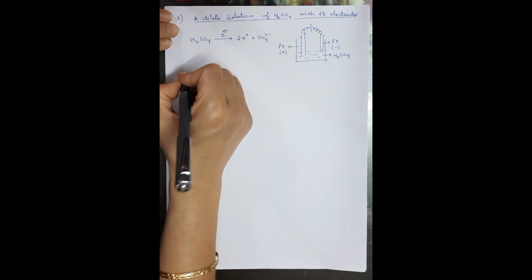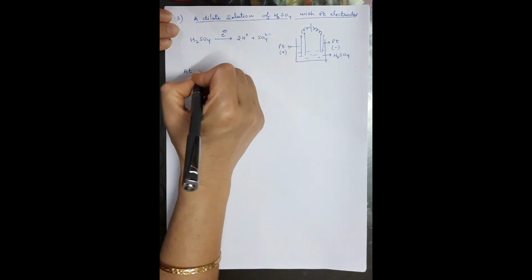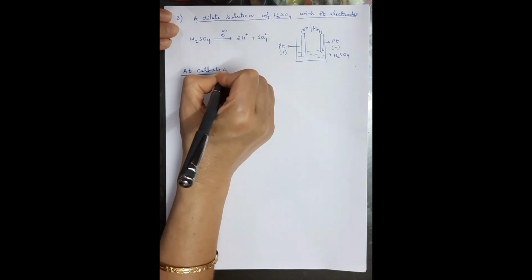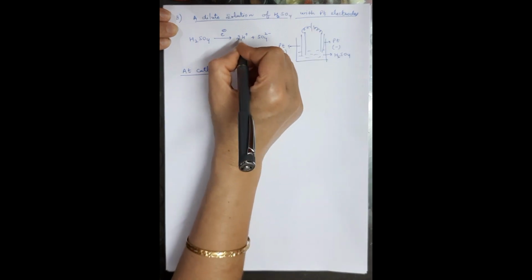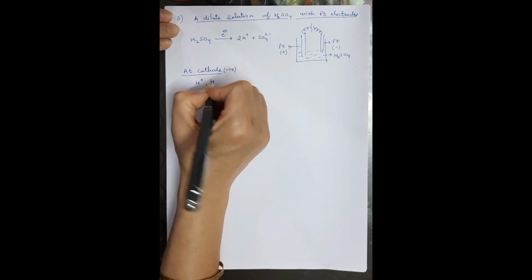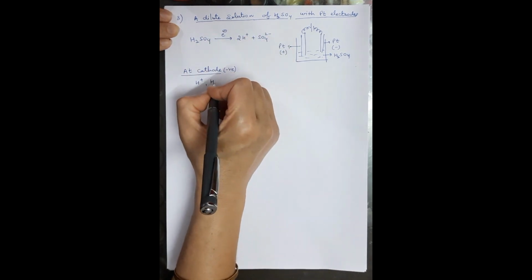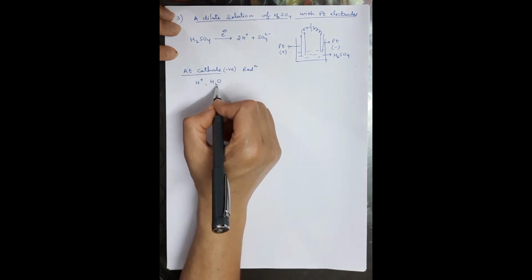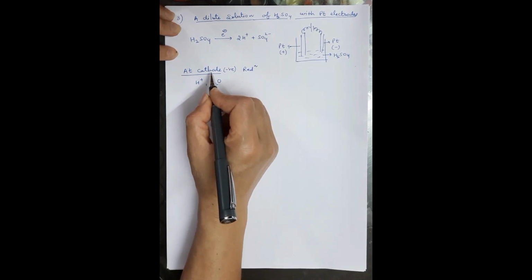Now what happens at cathode? Cathode is negatively charged. Who will be attracted towards cathode? All positively charged species. H plus is positively charged, and as it is dilute solution, it is an aqueous solution, so water is also present. So H plus and water molecules are present at cathode.